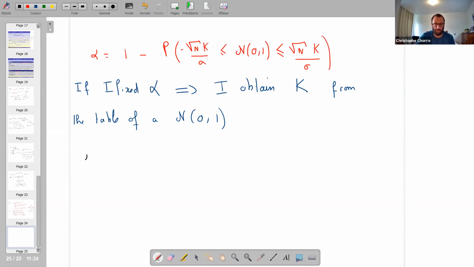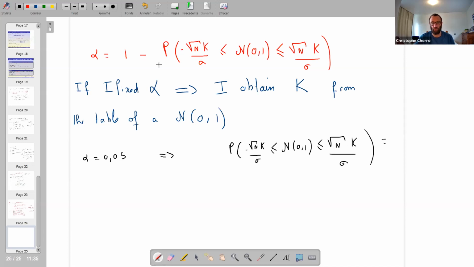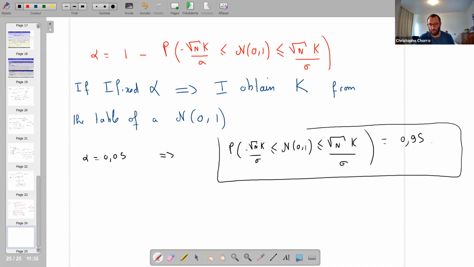If you take alpha equal to 0.05, I want to find a k such that the probability that my N(0,1) is less than the square root of n k over sigma and greater than minus the square root of n k over sigma is equal to 1 minus alpha, that is 0.95. And I have already done the job for this quantity.